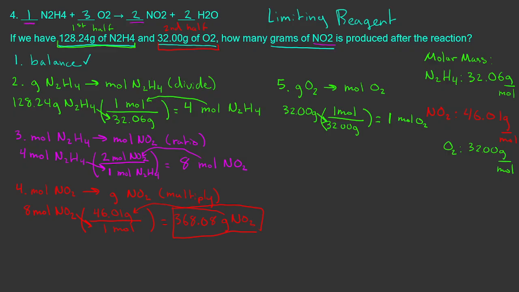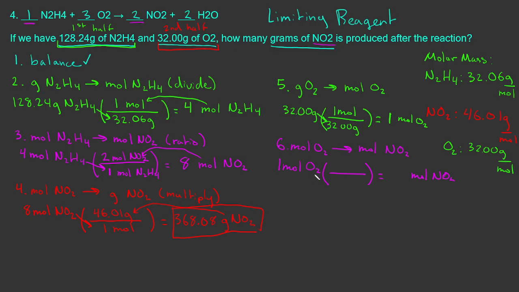Then step 6 is the exact same thing, where we're going from moles of the compound that we have right there, which is O2, to moles of the compound that we care about, which is NO2. And so we go from our 1 mole of O2 and use a ratio to get us to moles of NO2. The way we do this is, once again, to look at our balanced chemical equation.